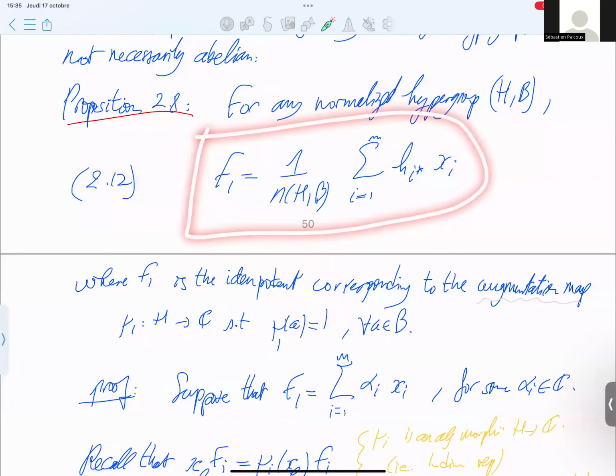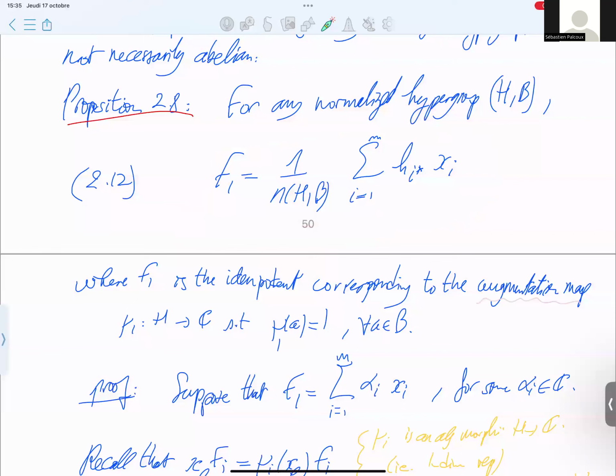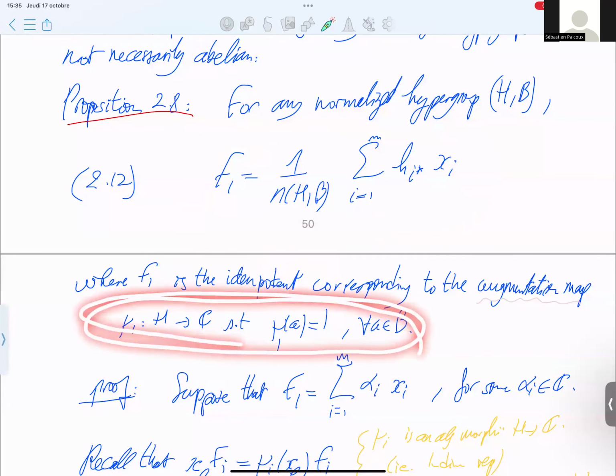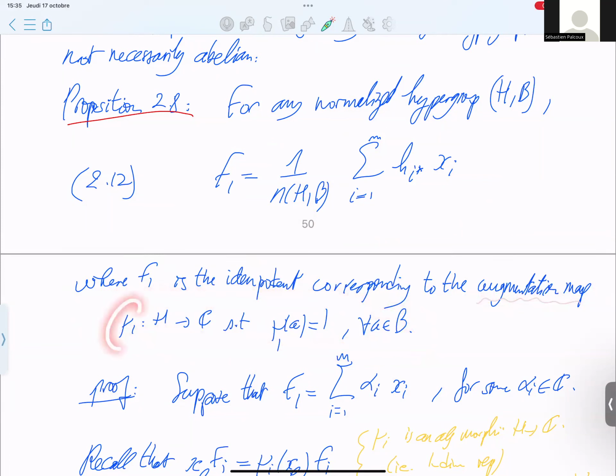F1 is the idempotent corresponding to this linear character, mu1, which was called the augmentation map in the introduction. It is just the mu1 corresponding to when you discuss normalizable, but here it's already normalized, so the mu1 is already 1. So the idempotent corresponding to this linear character, to this algebra morphism here.